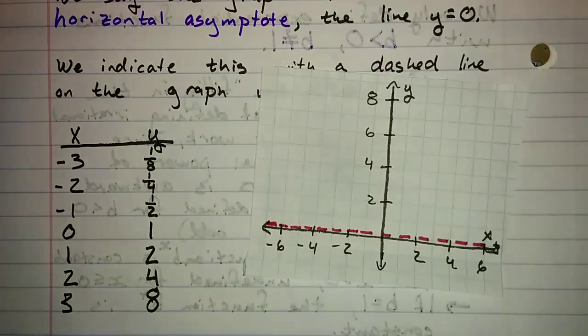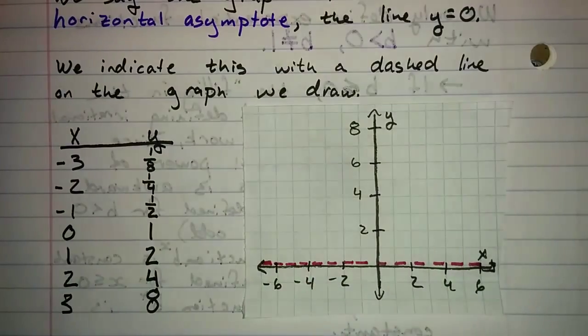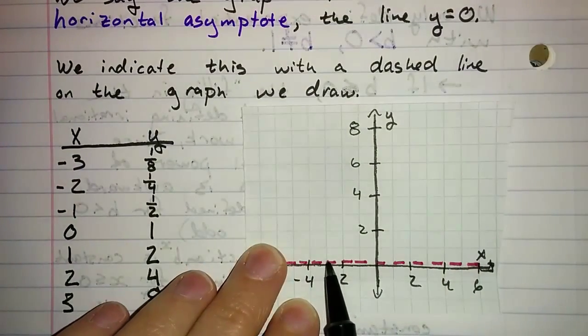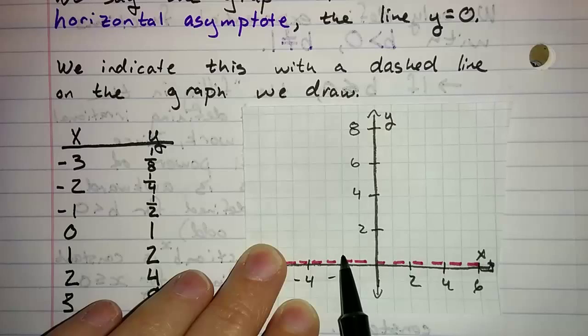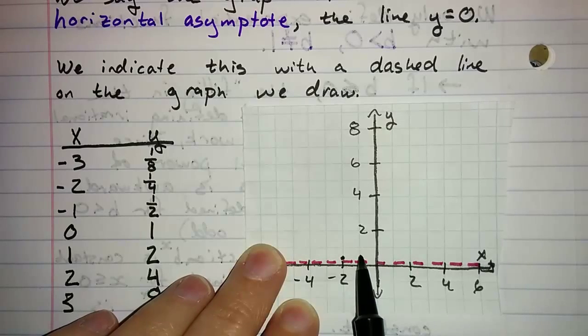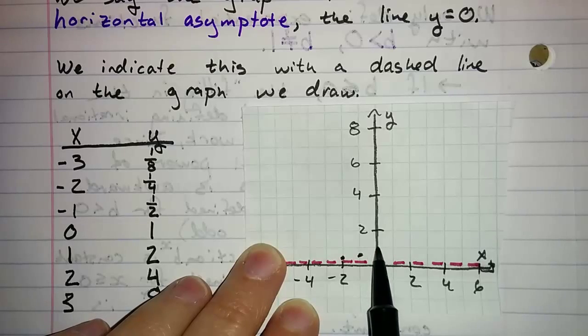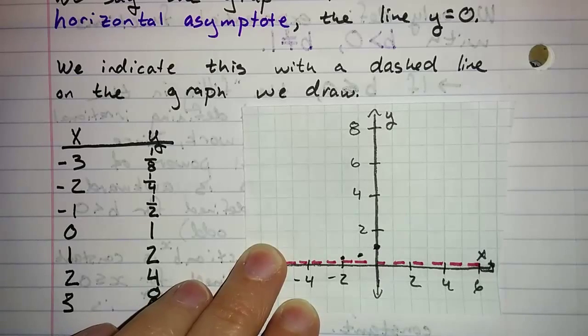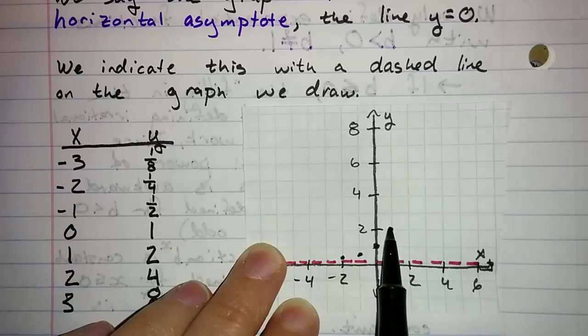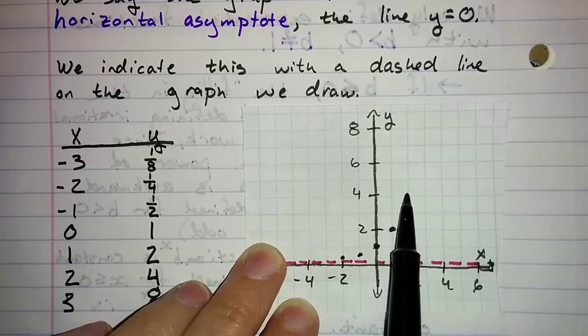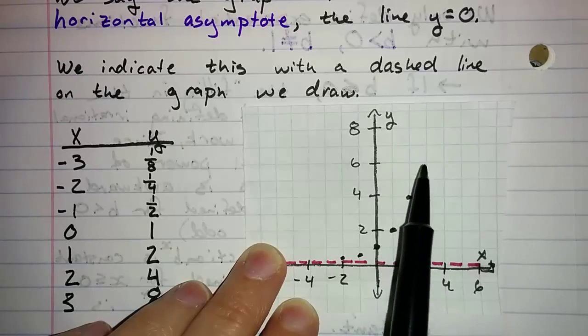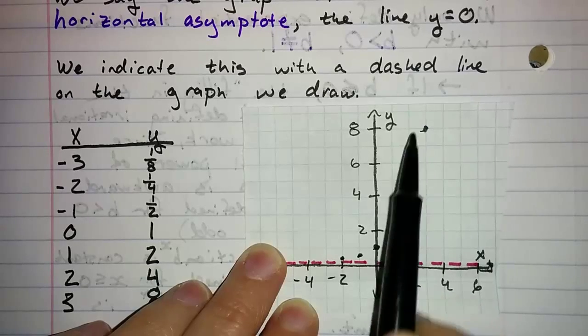So if we want to sketch this graph, well, I don't really feel like I can draw an eighth. A quarter is already pretty small. I can draw a half pretty reliably. I can certainly draw 1. I can certainly draw 2, and 4, and 8.